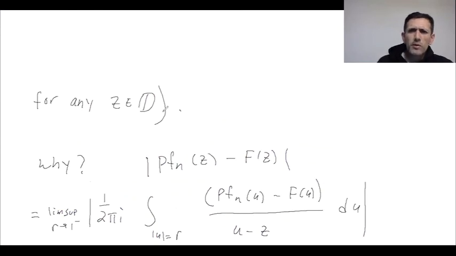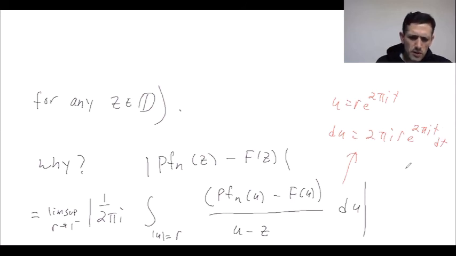Okay, so what we're going to do is just parametrize this. u is r e^(2 pi i t), du is 2 pi i r e^(2 pi i t) dt.